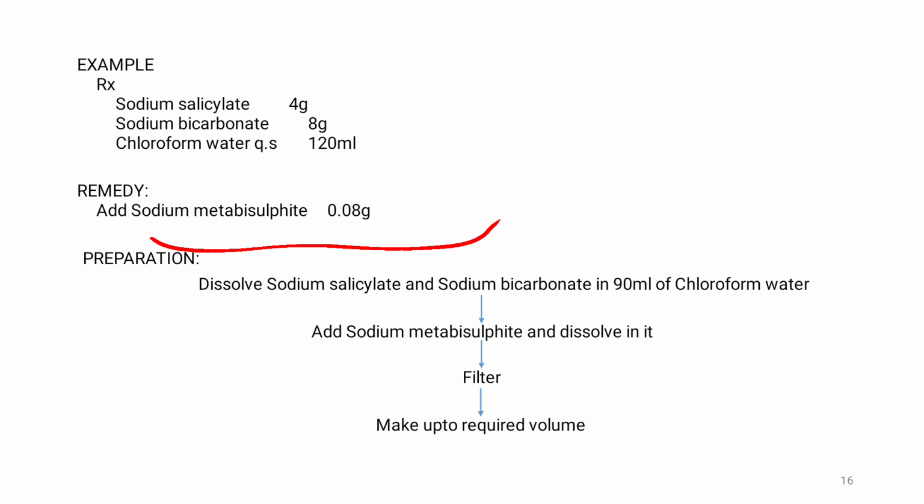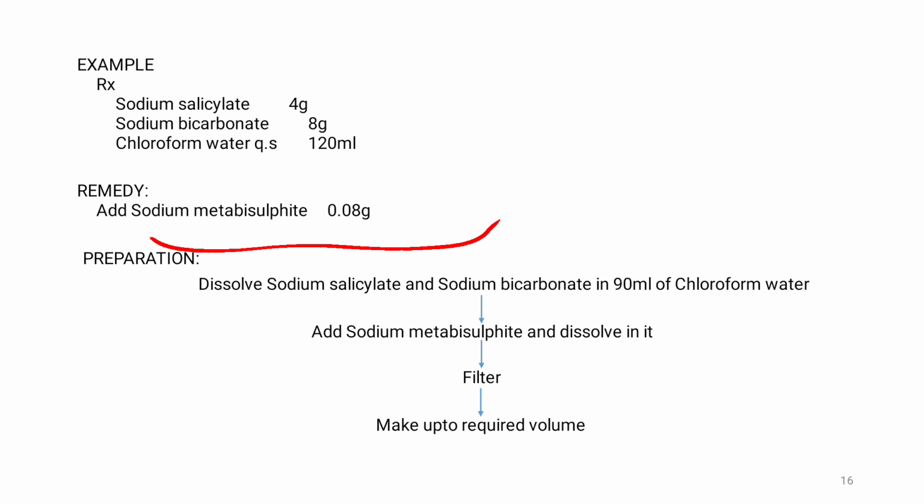Then how can we prepare the formulation? First of all, we have to take sodium salicylate and sodium bicarbonate, then dissolve them in 90 ml of water, that is 3/4 of the chloroform water.